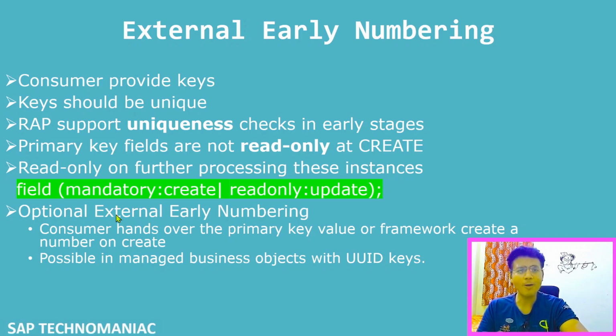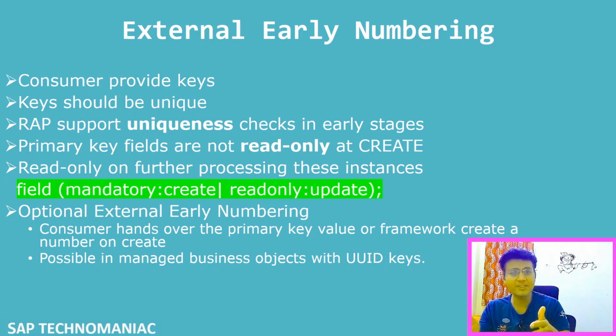And there is something called optional external numbering, where we have flexibility in some scenarios: if the user gives the primary key value, fine, and if the user doesn't give it, then the system automatically assigns the primary key value.